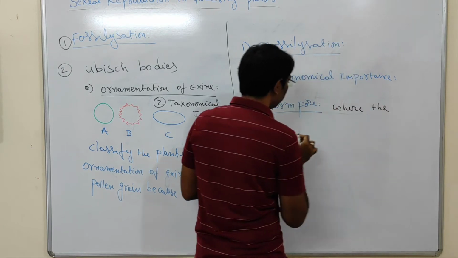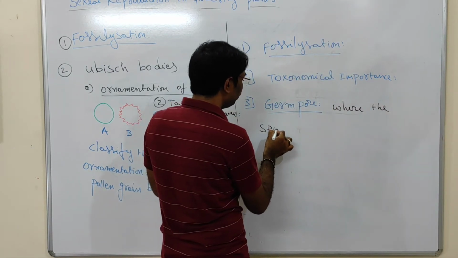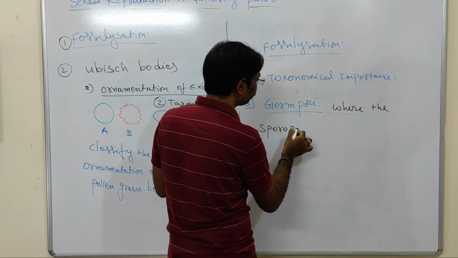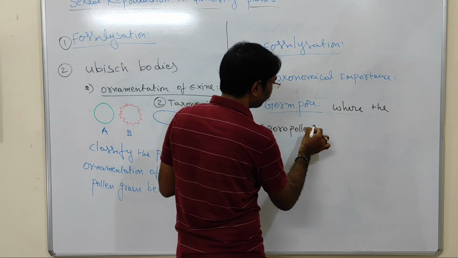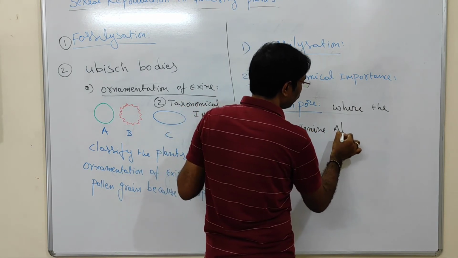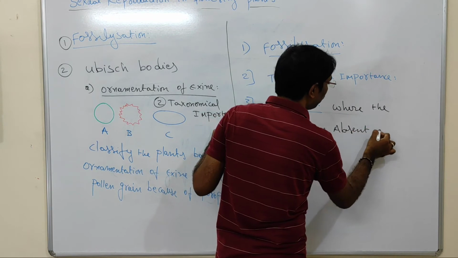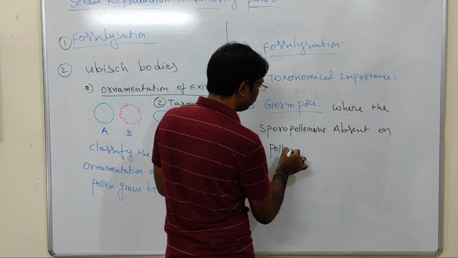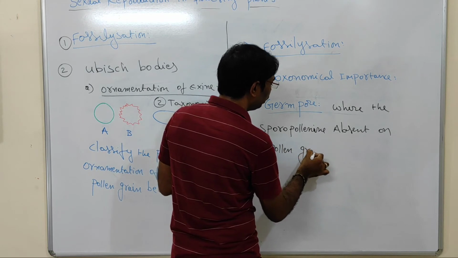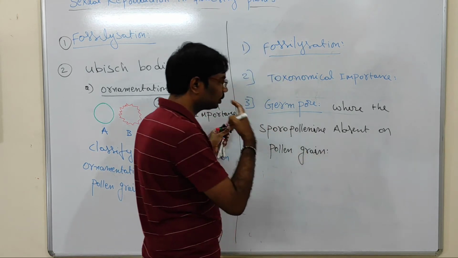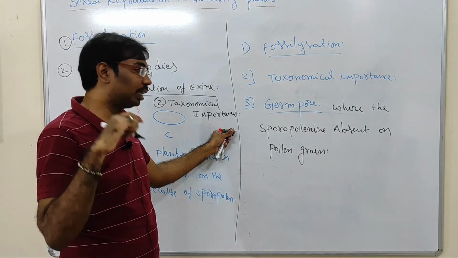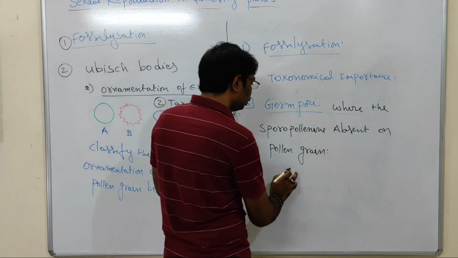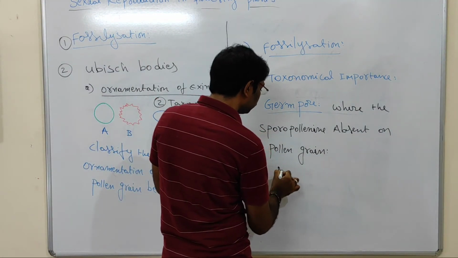Where the sporopollenin is absent on the pollen grain, that is called the germ pore. So how many germ pores are present in monocots and dicots?